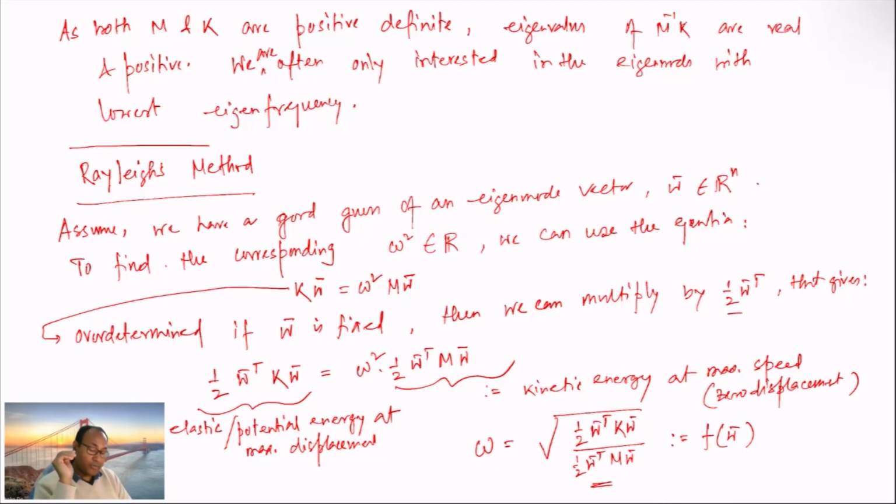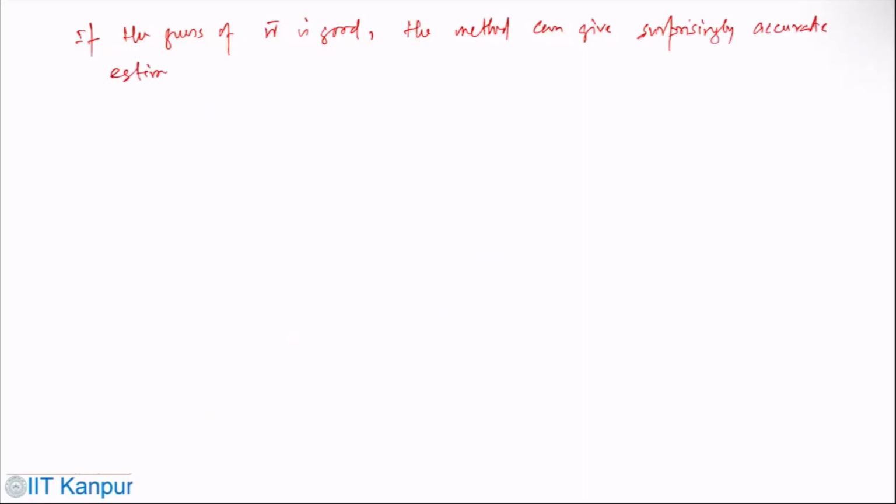So what it gives you is that if the guess of W̄ is good, the method can give a surprisingly accurate estimation of omega.